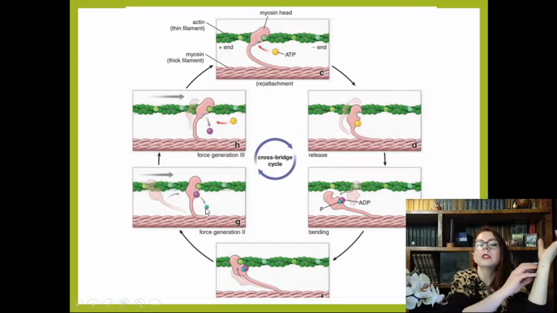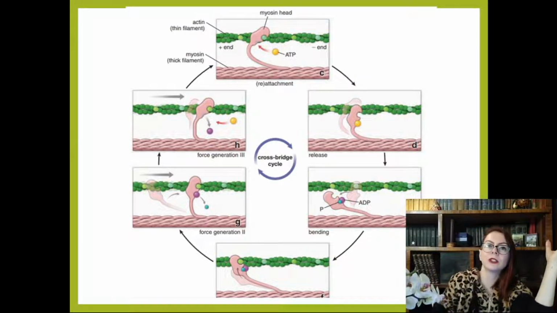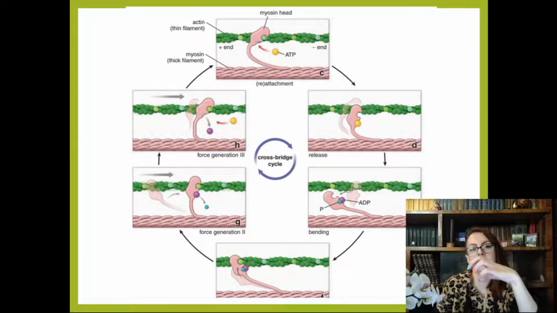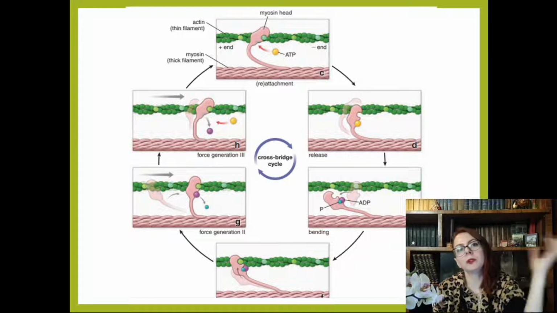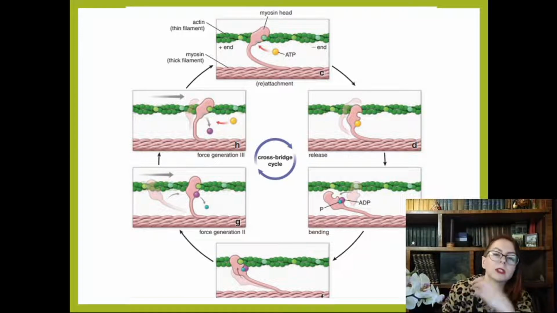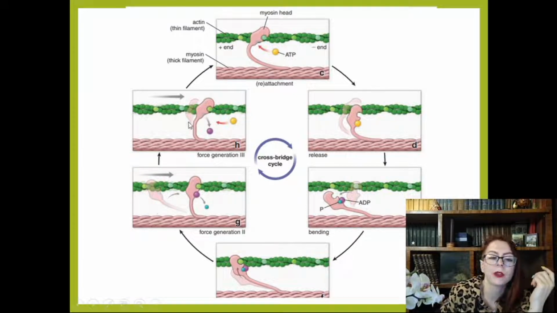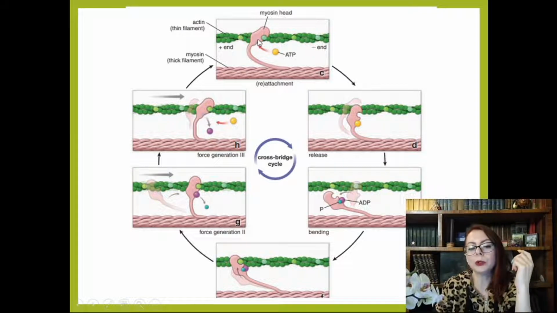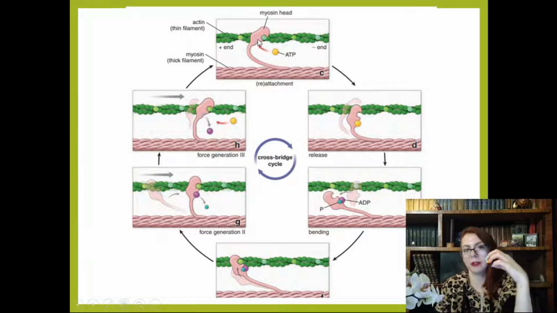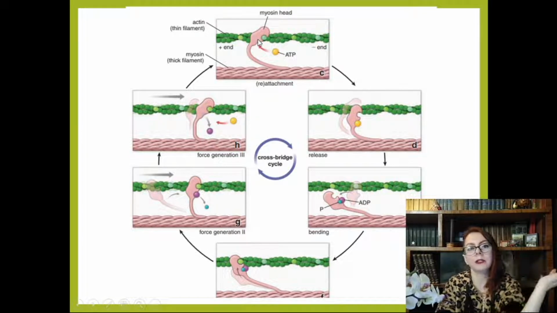Once the phosphate group detaches, myosin bends, and this is exactly what helps to pull the actin to the center of the sarcomere. And after that, when ADP detaches, a new molecule of ATP appears, and it helps to detach myosin and to unbend it.